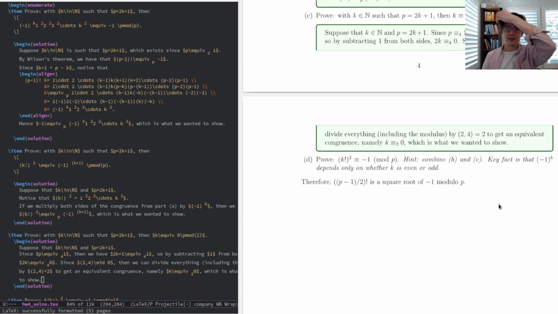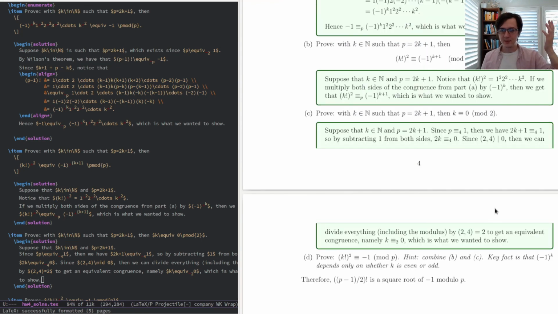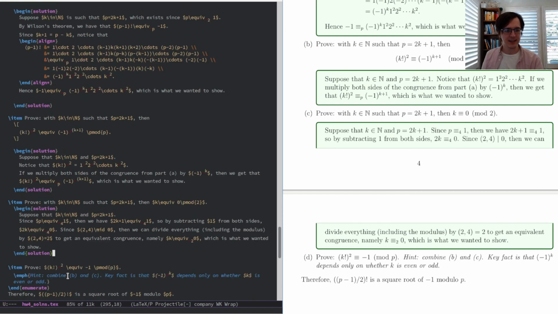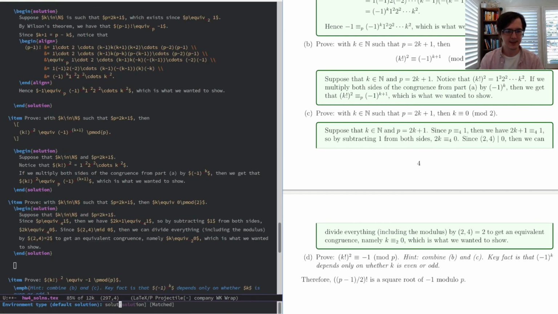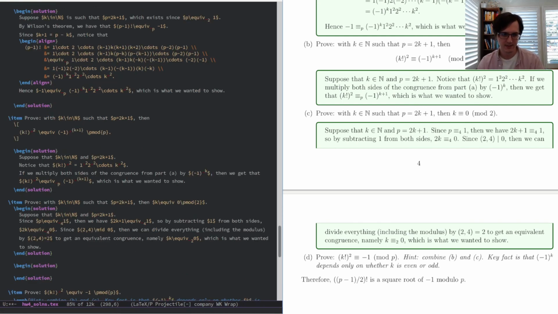Another thing we could do is just try plugging in k. We'll see what happens when k is even, and see what happens when k is odd. I'll show that too. Why not? We will show that k is equivalent to 0 mod 2.